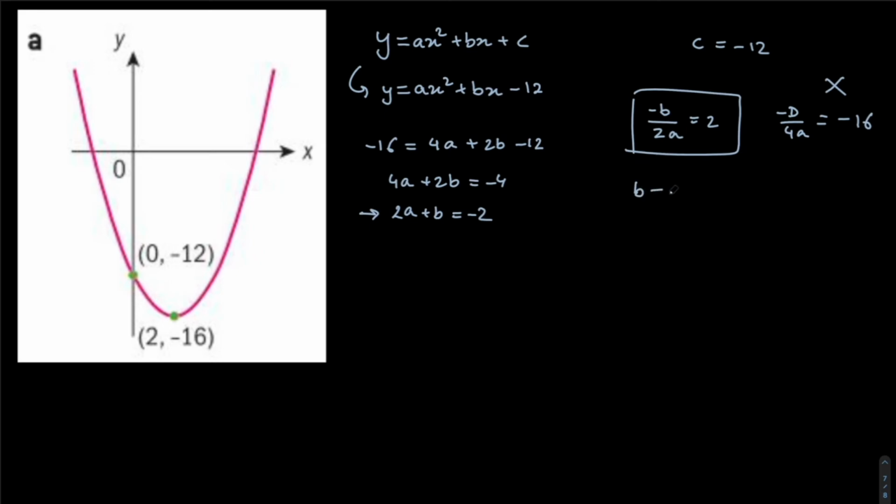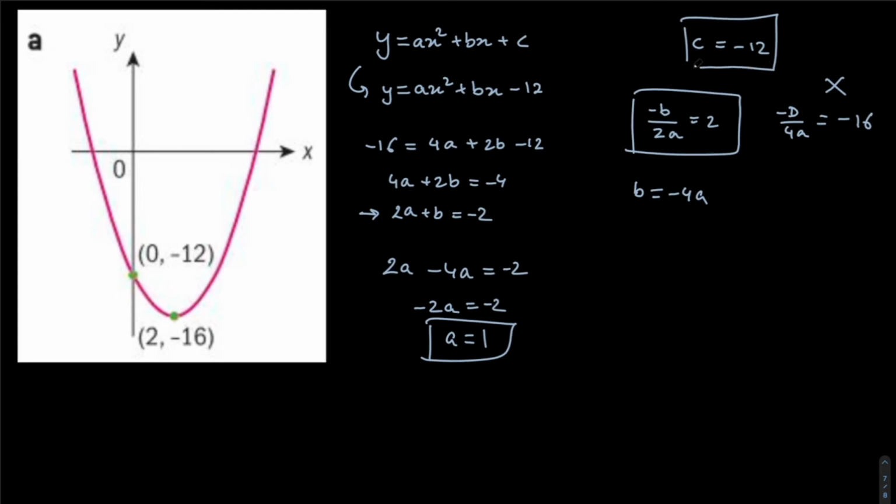So b is minus 4a. I'm going to plug that in right here. So I'm going to have 2a minus 4a is equal to minus 2. Minus 2a is equal to minus 2, and a is equal to 1. So there we have the value of a. Now we have the value of c, and now we have to find the value of b. So I can use this equation right here. Based on this, b is equal to minus 4.